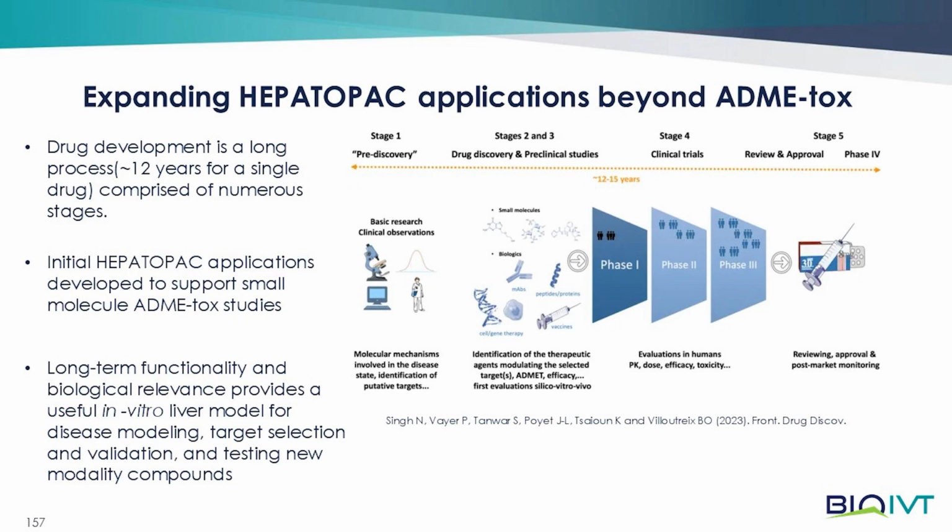So just as an example, we had a collaborator who we recently tested 2 test compounds in the lipid-loaded model. They had done efficacy and tox studies in HepG2 cells and then jumped over to HEPATOPAC. And so for one of their compounds, they did find that both the tox and efficacy pretty well matched the HepG2 data.